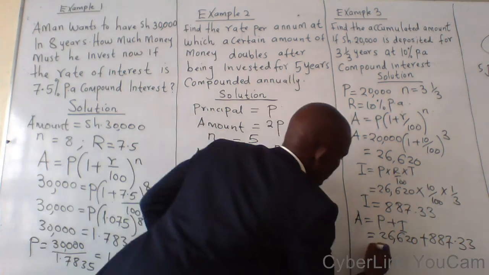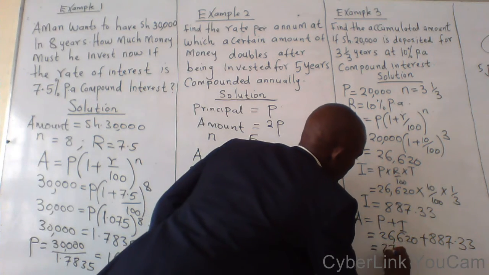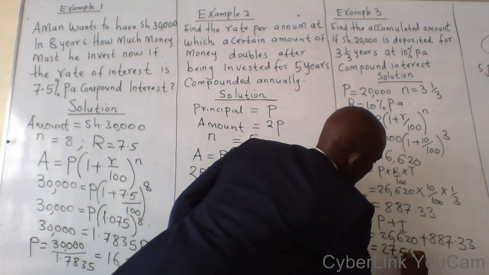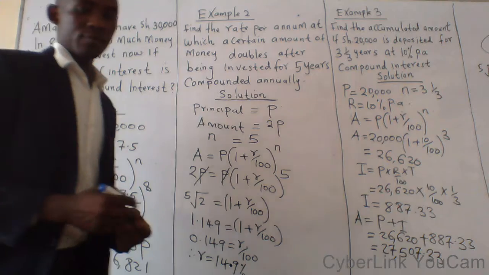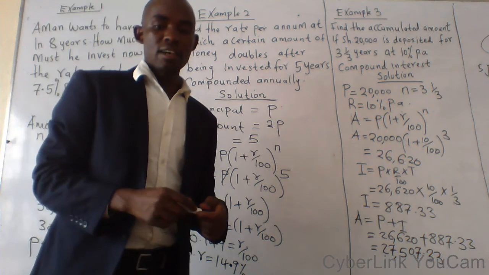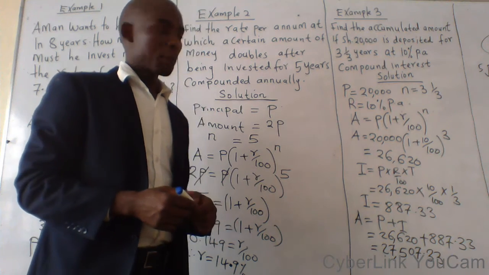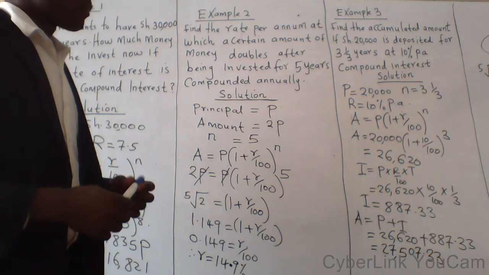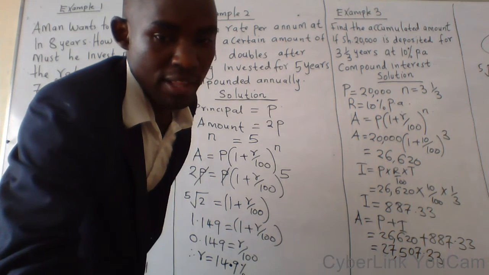If you add this, you will get 27,507.33 as the amount of money that you are going to get at the end of 3 1/3 years.